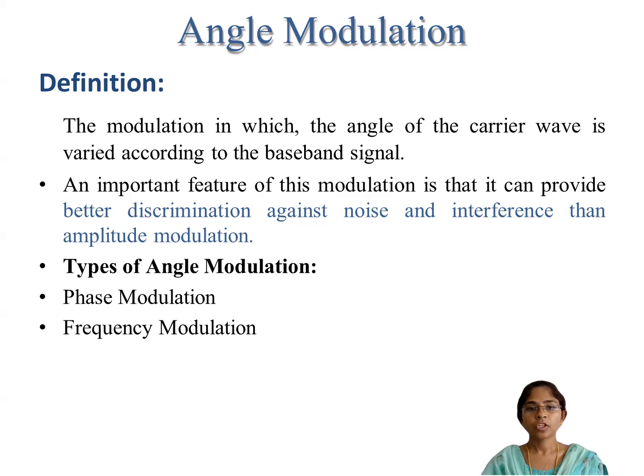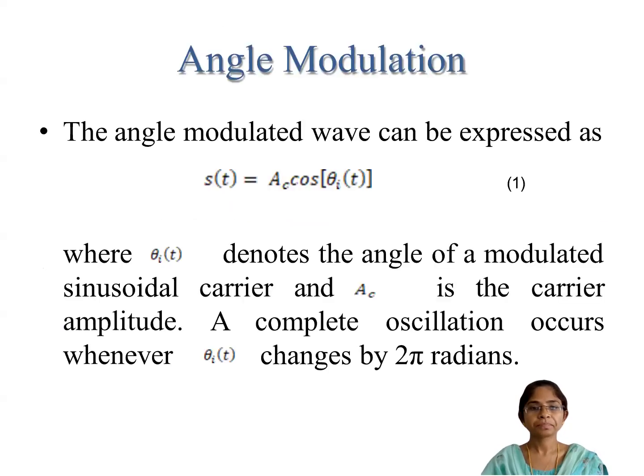The important feature of angle modulation is it provides better discrimination against noise and interference than amplitude modulation. The types of angle modulation techniques are phase modulation and frequency modulation.